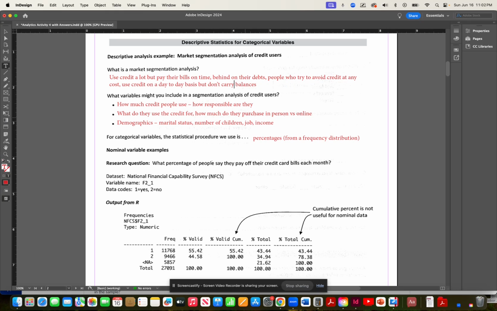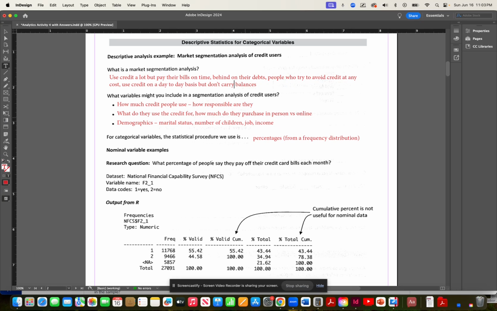What variables might you include in a segmentation analysis of credit users? Well, lots of different variables. It could be that we want to know how much credit people use, how responsible are they, what do they use the credit for, how much do they purchase in person versus online. We might ask demographics type of questions like their marital status, number of children, what kind of job they have, income.